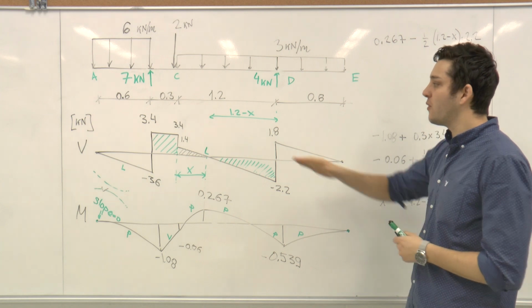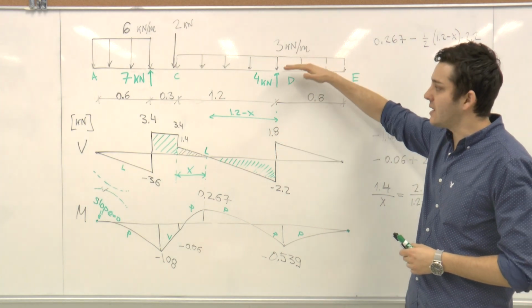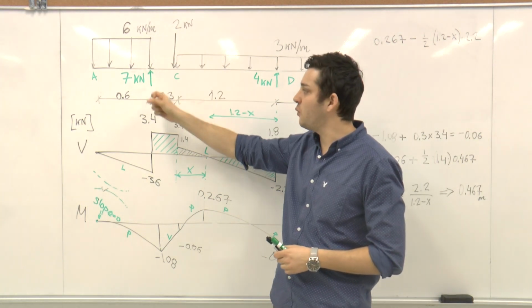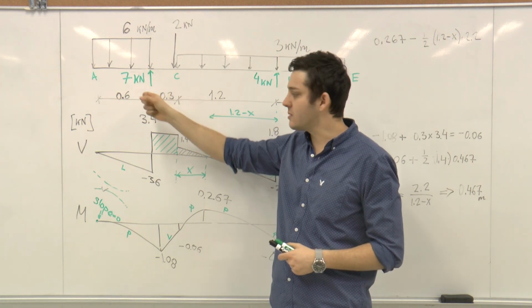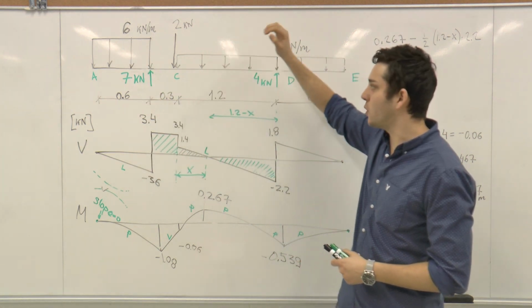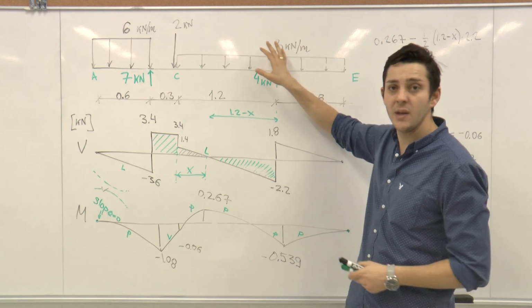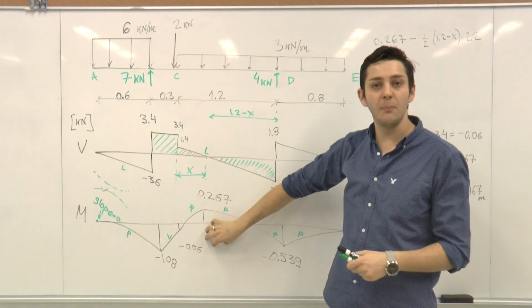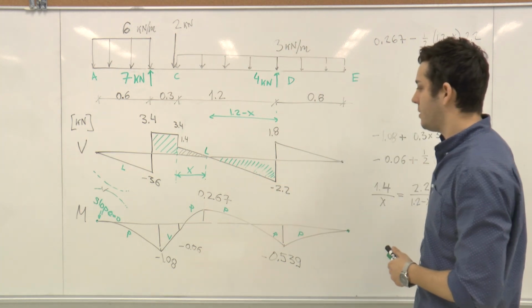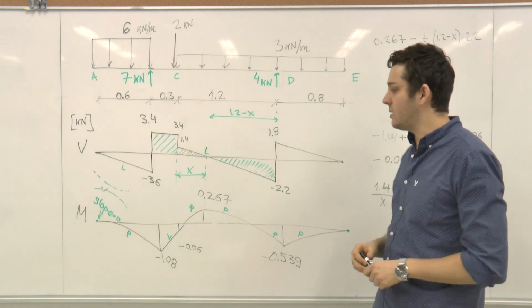Very important to show the free body diagram above. In this case, we will see exactly if we have a concentrated load, we expect to see a jump here. If we have a concentrated moment, in this case we don't have, we expect to see a jump in the moment diagram. So this is the way to answer these questions.